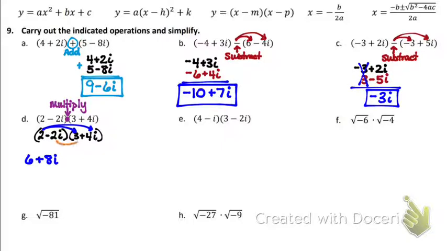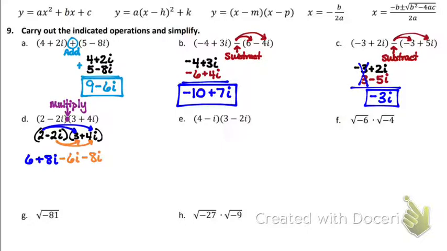Then I'm going to take this negative 2i and distribute it to both pieces. What is negative 2i times 3? Negative 6i. What is negative 2i times 4i? Negative 8i, and something else.